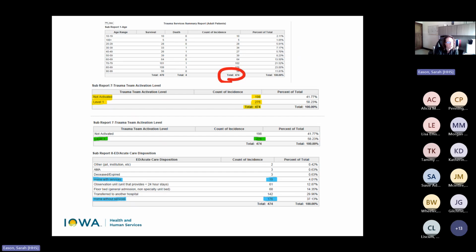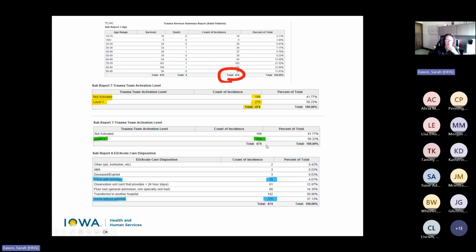So when we're looking just straight at numbers, in this particular example, we've got sub-report 8 in the blue. I might have an issue with over triage here because I've got 276 patients that were called trauma alerts. 176 plus 19 went home of that 276.